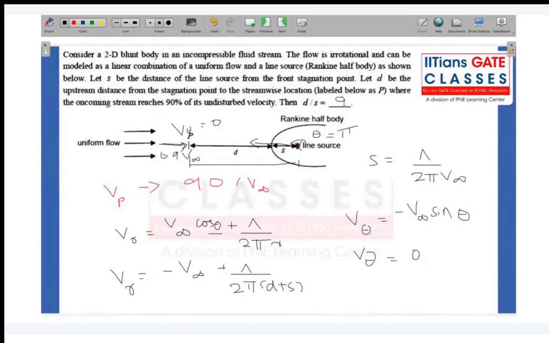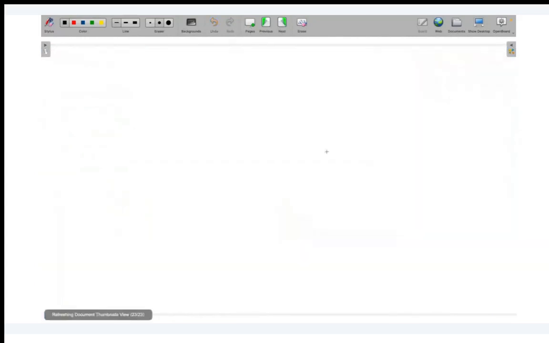Questions here? Negative, because in circular or polar coordinates, any radial velocity V R is taken positive radially outwards.